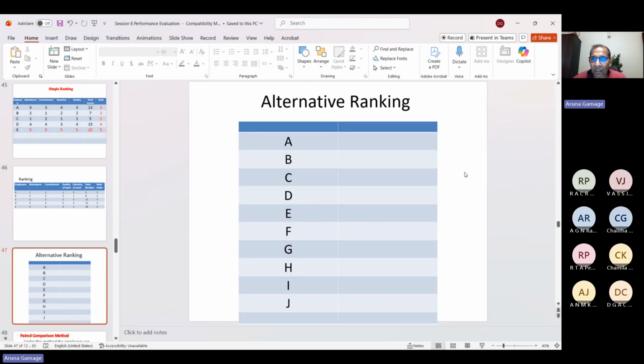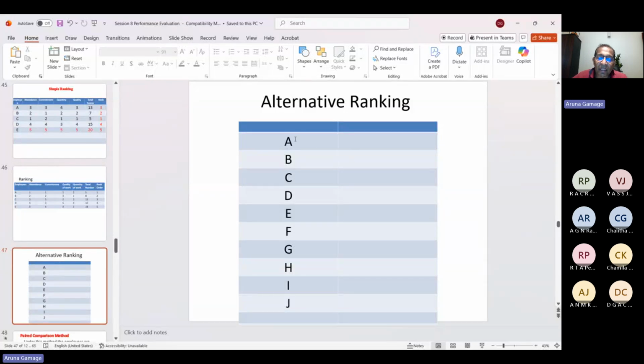The worst employee is recorded on the bottom of the list. Then out of the remaining employees, again we select the best and the worst. The best one is written next to the top one, and the worst one is written next to the bottom.